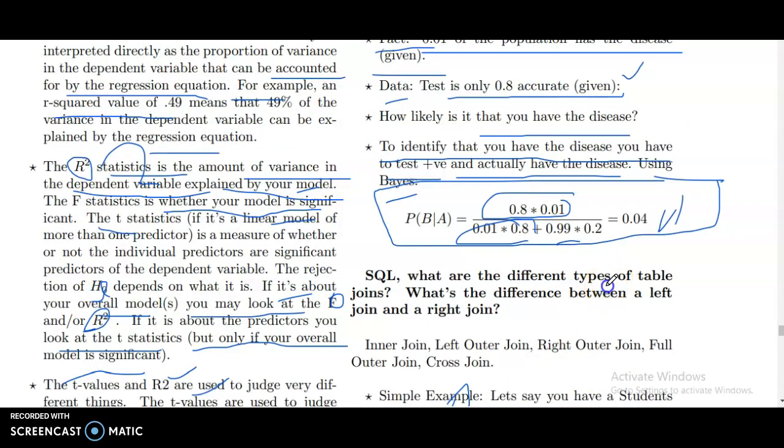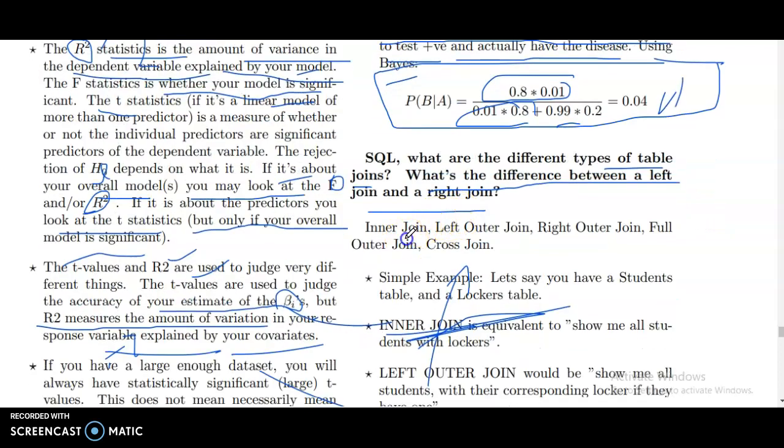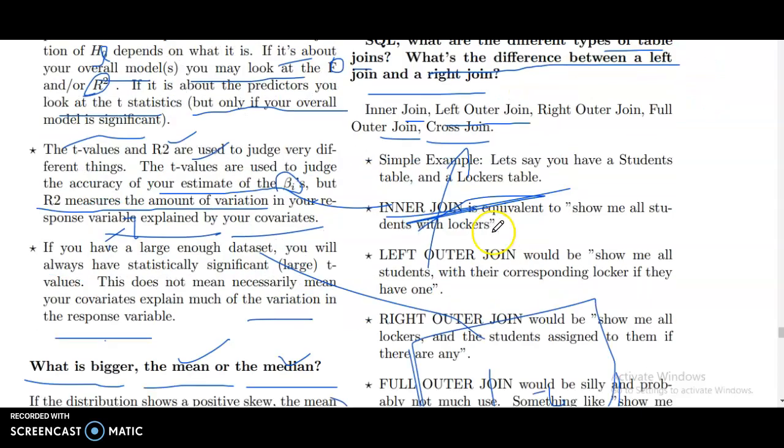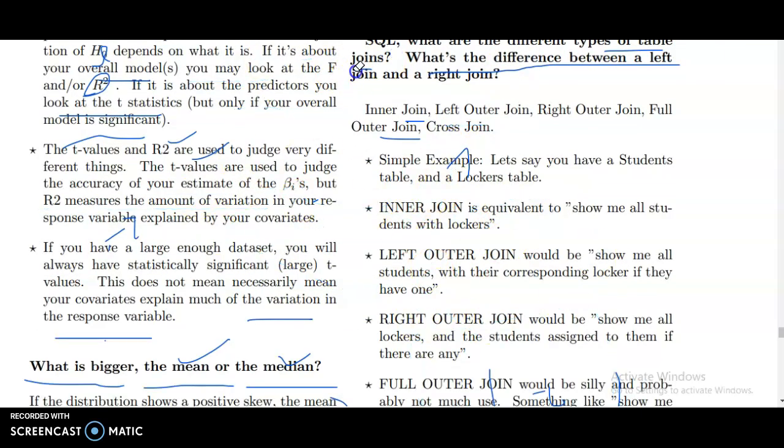SQL: what are the different types of table joins? What is the difference between a left join and a right join? Inner join, left outer join, right outer join, full outer join, cross join. Simple example: let's say you have a students table and a lockers table.